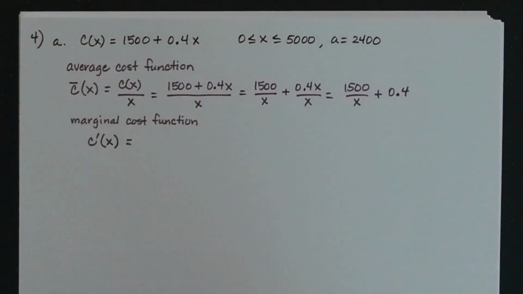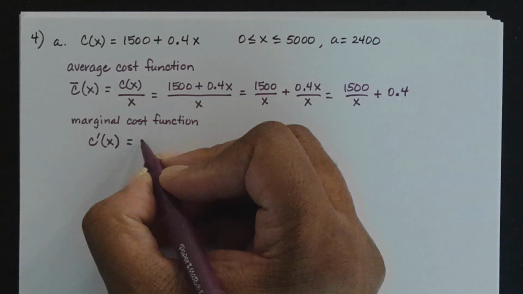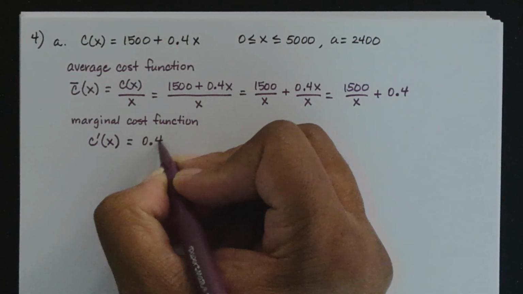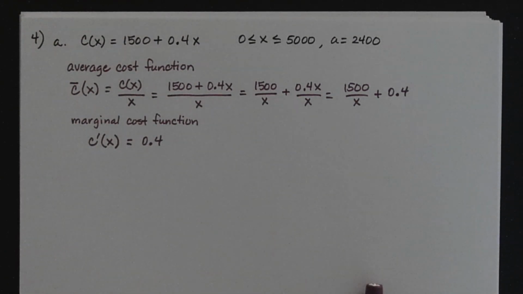So the derivative of this 1,500 plus 0.4x will be what? 0.4. Just 0.4. Because the derivative of 1,500 is 0, and the derivative of 0.4x is just 0.4. So that would be your marginal cost function. And that's what they asked for in part A.